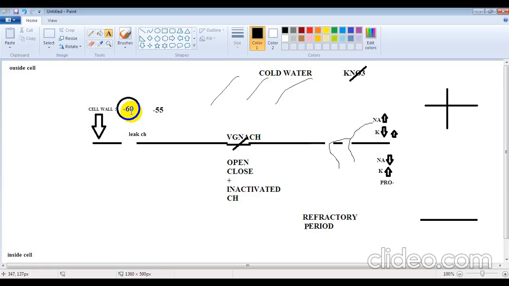This channel never returns to minus 70, and it does not open until the potential goes to minus 70. But when I use potassium nitrate, the potential is always around 60, not 70. This is the mechanism of action of potassium nitrate, and this is how potassium works on the neuron level.